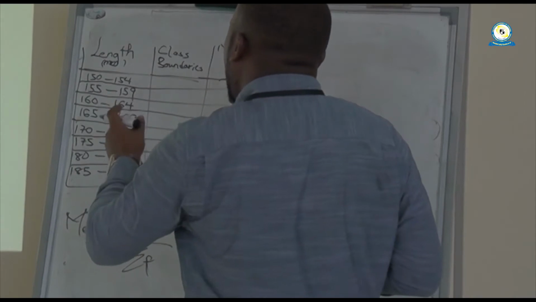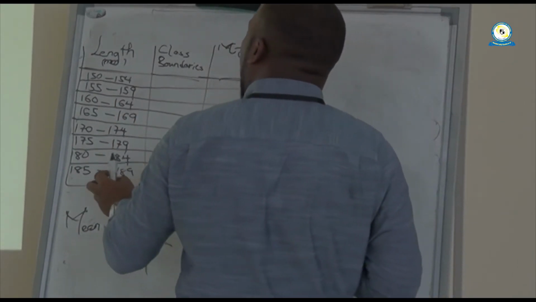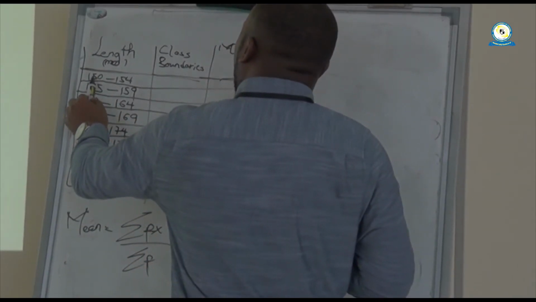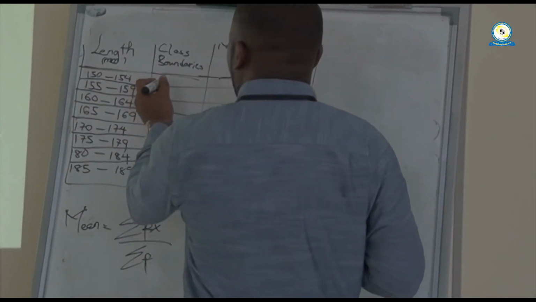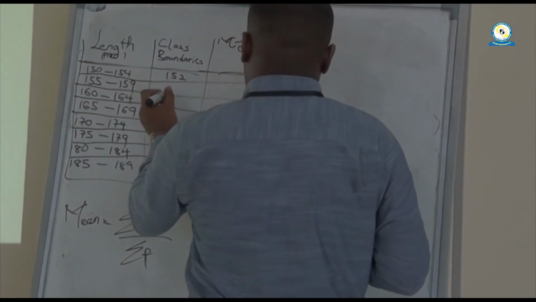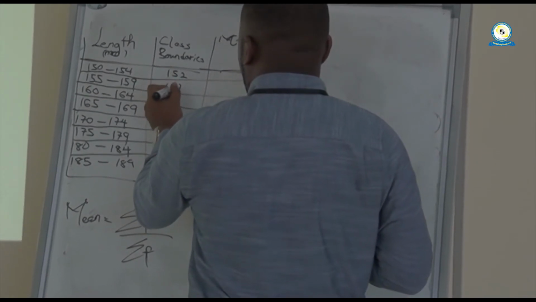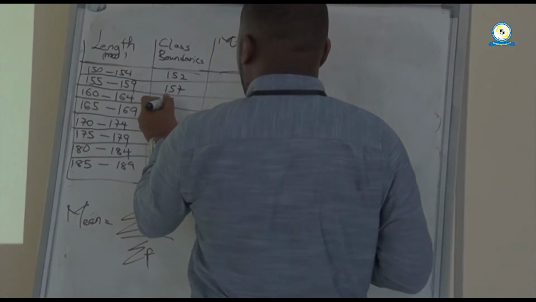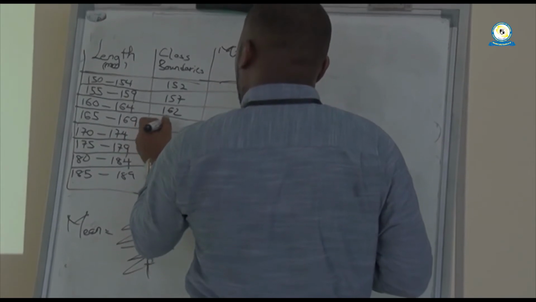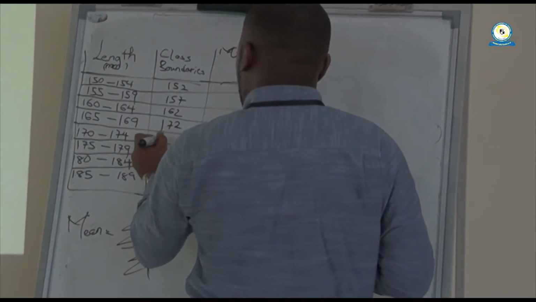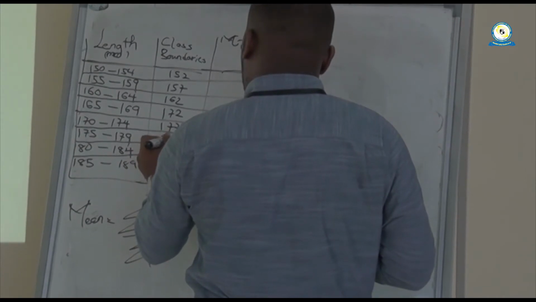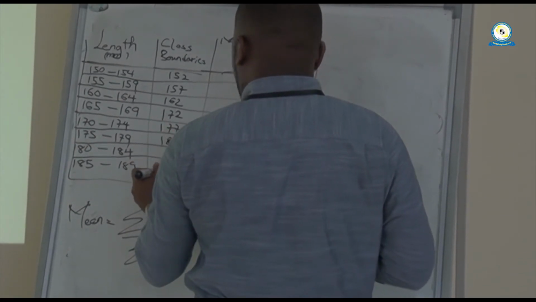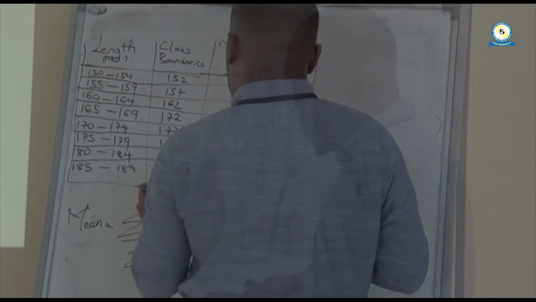You need to calculate a midpoint. How do you calculate a midpoint? You add the lower plus the upper class interval, divided by 2. So when you divide by 2, you get 152, 157, 162, 172, 177, 182, and I missed a number.